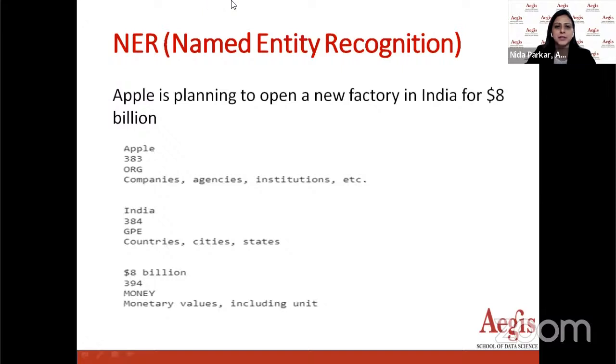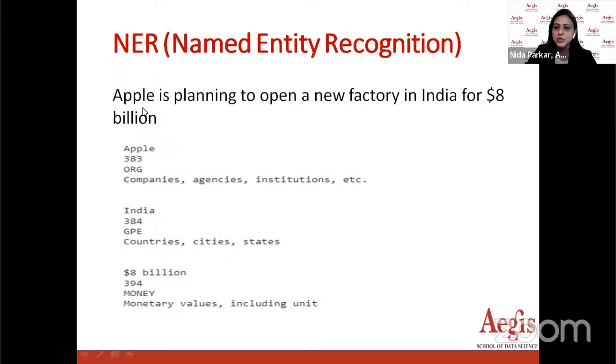Second is named entity recognition. If I'm giving a sentence like "Apple is planning to open a new factory in India for $8 billion," then using named entity recognition, it is going to identify Apple as an organization.